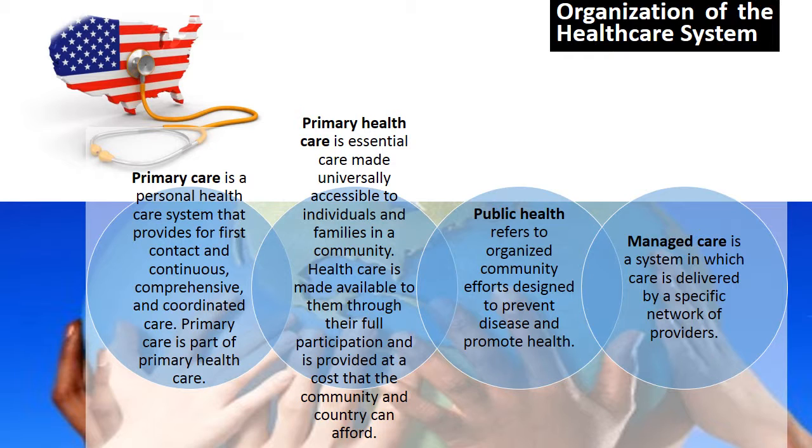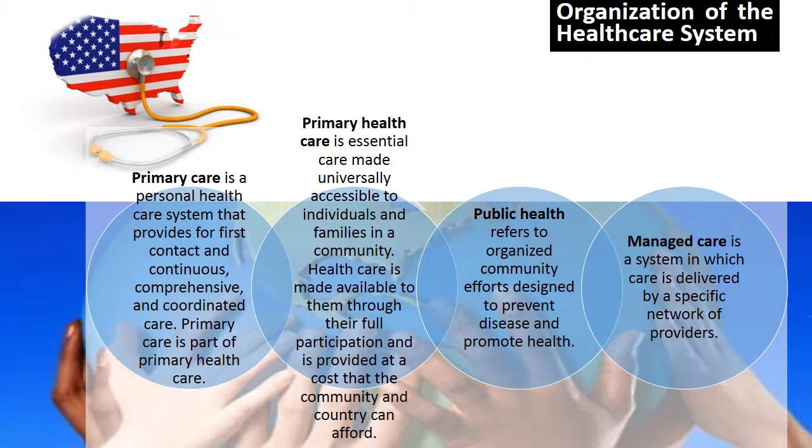Primary care is a personal healthcare system that provides for first contact, continuous, comprehensive, and coordinated care. Primary care is part of primary health care. What is primary health care? Primary health care is essential care made universally accessible to individuals and families in a community.